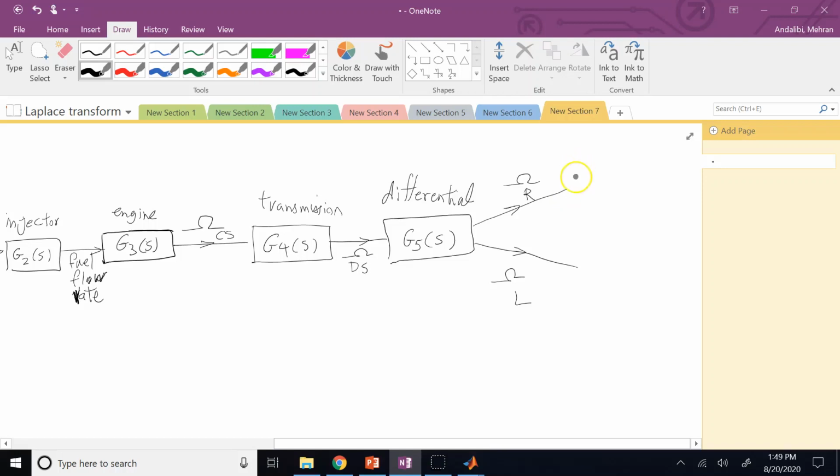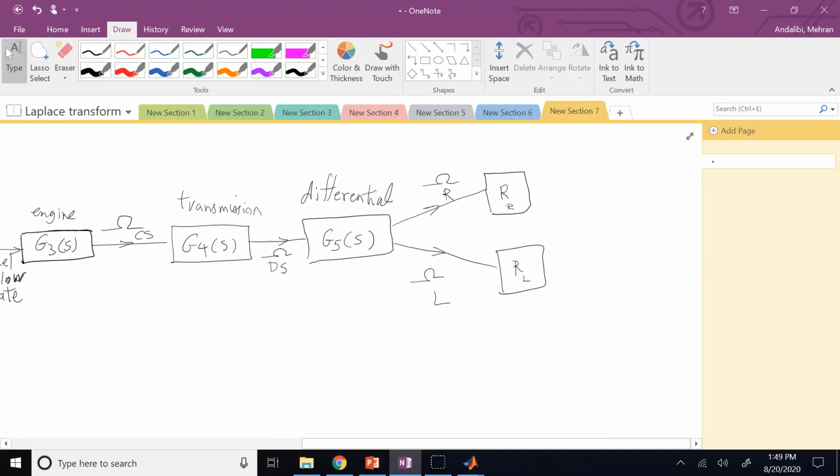Then these omegas, I can say they are multiplied by the radius of the right tire and the radius of the left tire. Very simple again, in order to give you velocity of the left wheel and velocity of the right wheel.